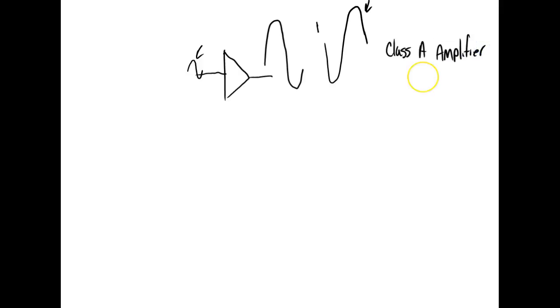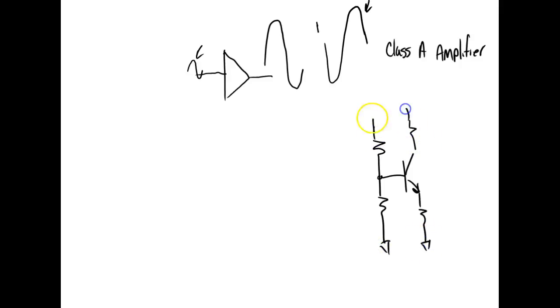Now, problem with a Class A amplifier is that it's got to be biased on. So when I come up here and do this, and I do a common emitter, and we don't need to bypass it right now. Oh yeah, we can bypass it.